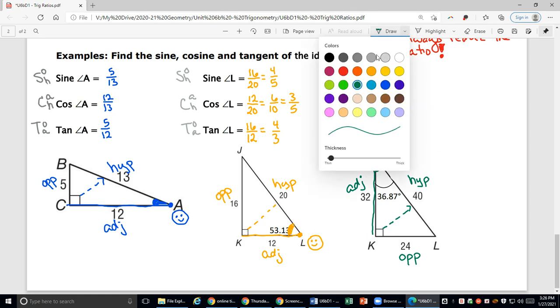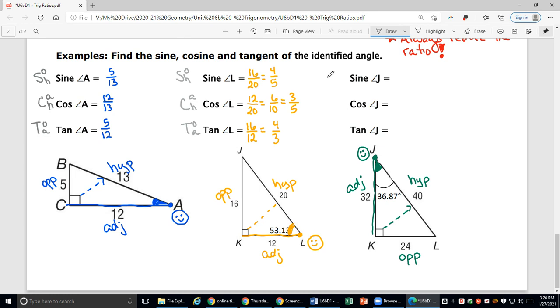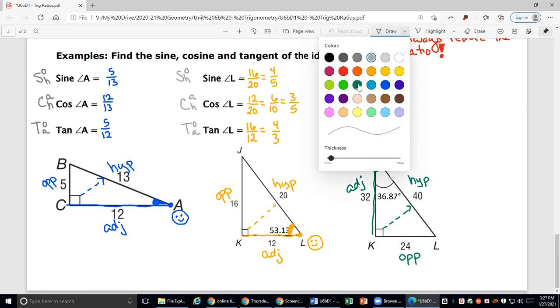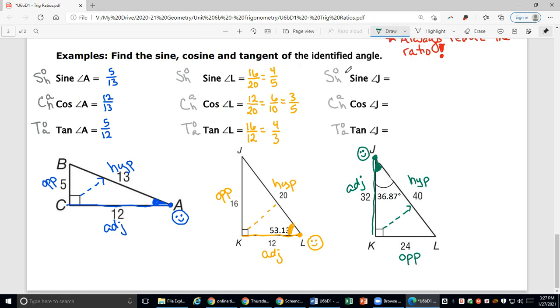Okay, then we're going to use our ratios, Sohcahtoa. And we're going to make sure, if we can, we reduce our fractions. All right, so my sine is the opposite over the hypotenuse. The opposite is 24. And the hypotenuse is 40.